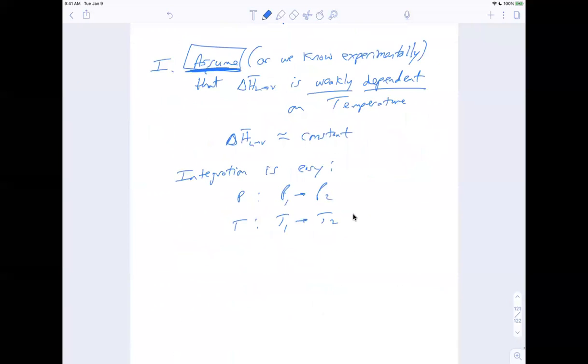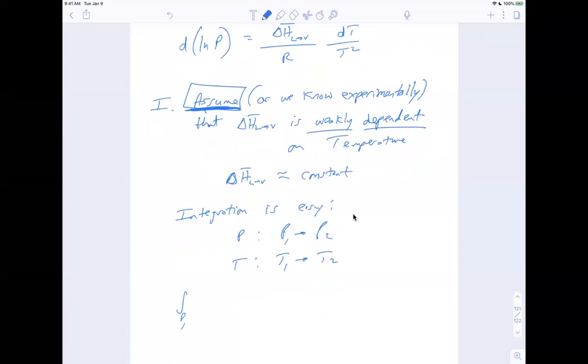And that's going to be rather simple. The integral from P1 to P2 of d natural log P is going to equal delta H bar liquid vapor over R, since that's a constant, since we assume delta H is weakly dependent on T, times the integral from T1 to T2 of 1 over T squared dT.